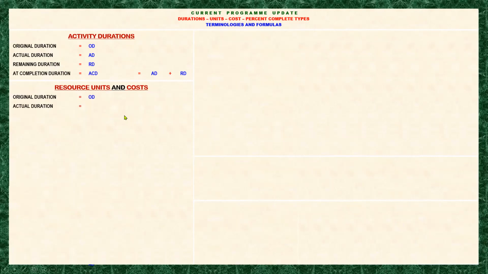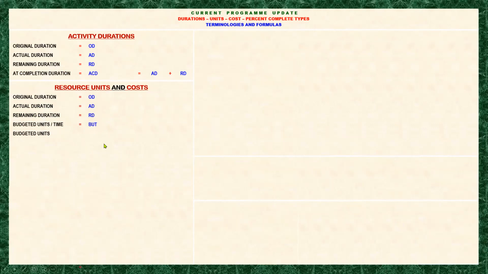Next we have the actual duration. It is also intended for the actual duration of the resource. Next is the remaining duration. So you also have to estimate the remaining duration of the resource until the activity will be fully completed. Then we have the budgeted units per time.